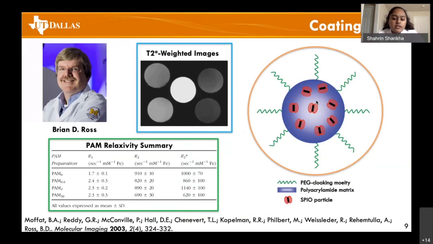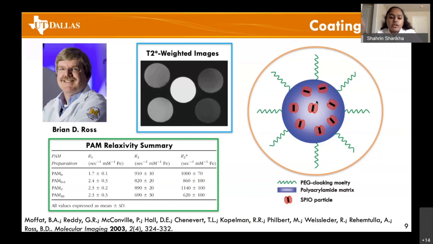And what he and his researchers did in this particular case is, instead of having an actual nanoparticle coated with these hydrophilic groups, they created a polyacrylamide matrix, so a PAM, which in itself is pretty stable in the body. And then they also added polyethylene glycol ligands, which are PEG.